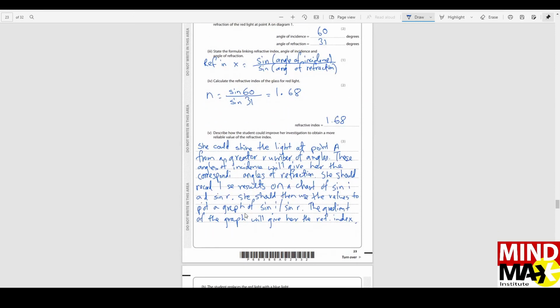Then using those values, we plot a graph of sine i versus sine r, and the gradient of the sine i versus sine r graph will give us the refractive index.